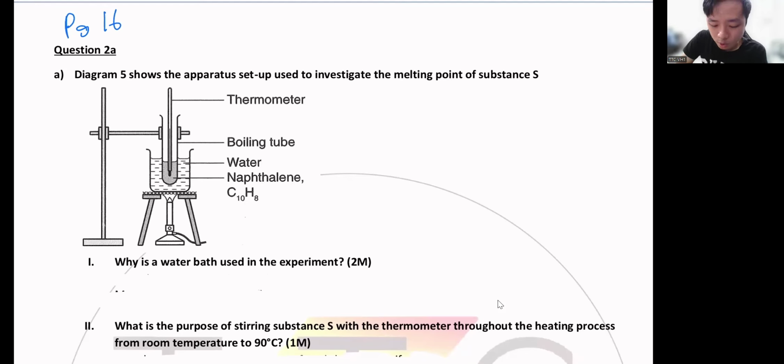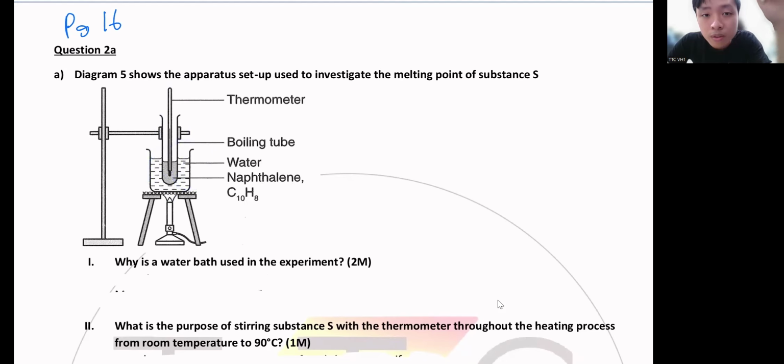Remember this experiment? You put a thermometer to measure the temperature. There is a time where the temperature won't change. That's called the melting point. When you're heating the solid naphthalene and it turns to liquid, there's a certain time that the temperature will stay constant.